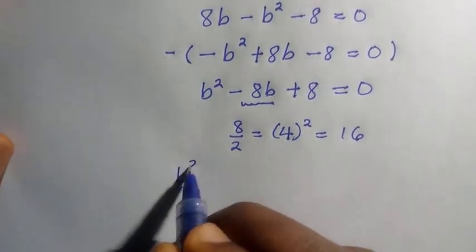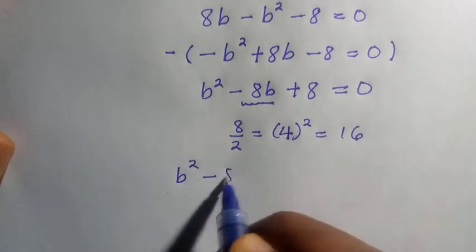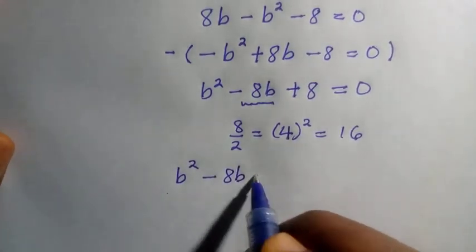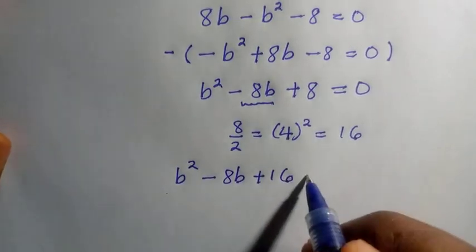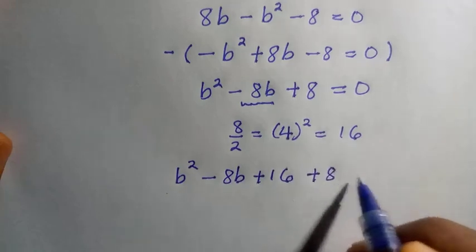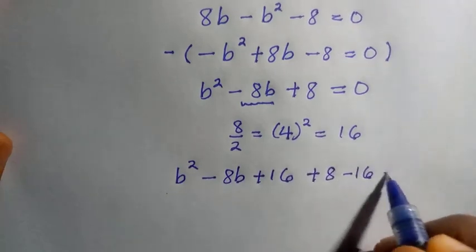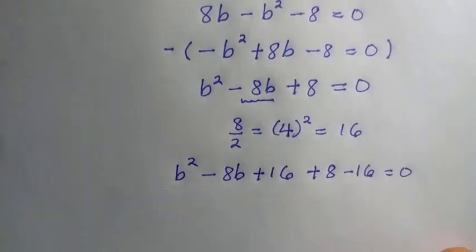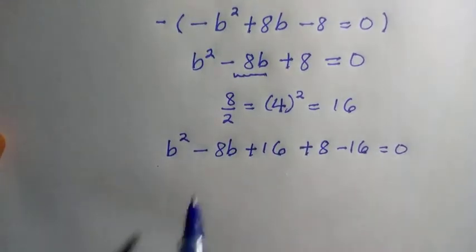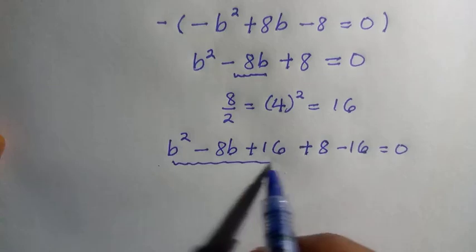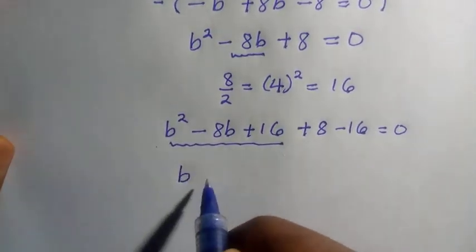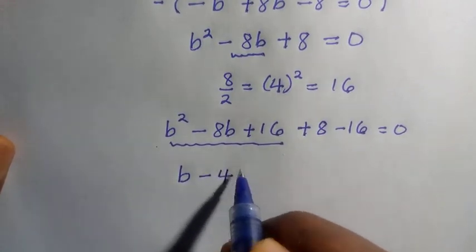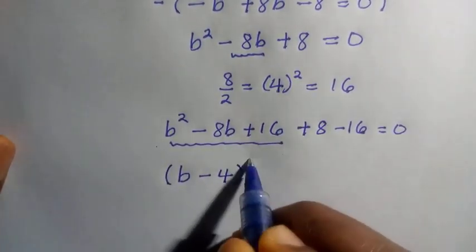So we have b squared minus 8b plus 16, and also we have plus 8 minus 16, everything equals 0. This is what we get. Then the whole of this is given as b minus 4 all raised to power of 2.